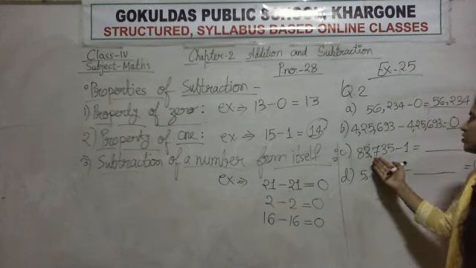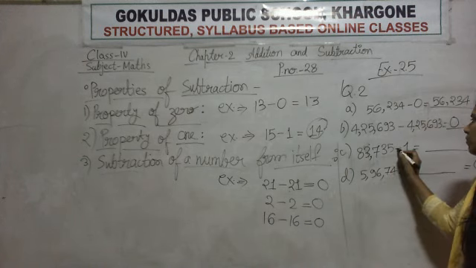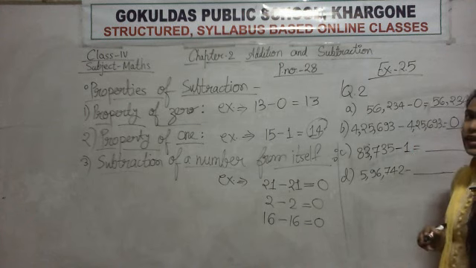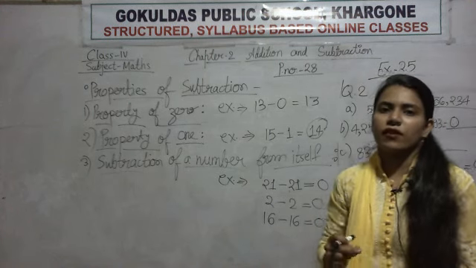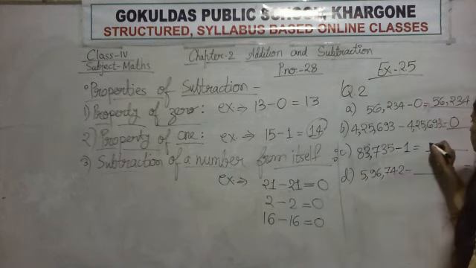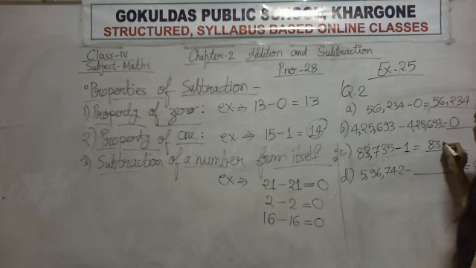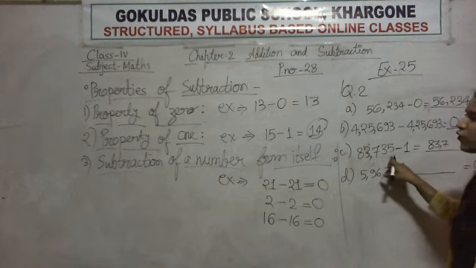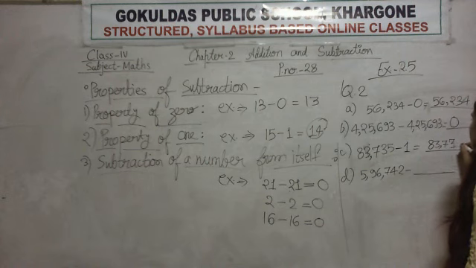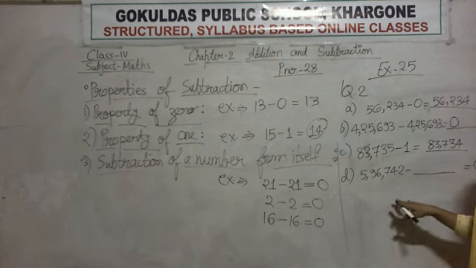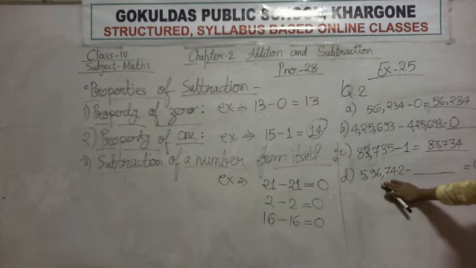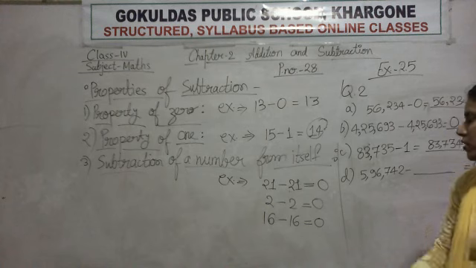Now next, you are subtracting 1 from the given number. So what will you get? You will get its predecessor, or just before number. So I am writing the just before number, 83,734 is our answer. Now the last one. What will you subtract to get 0?